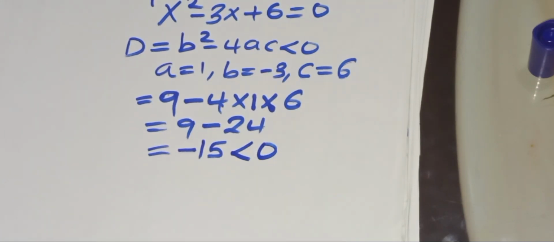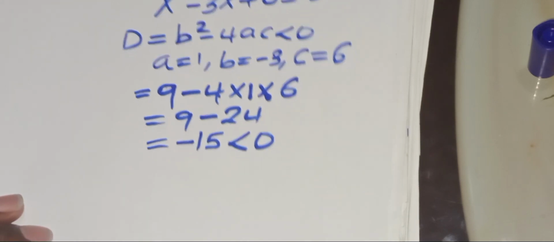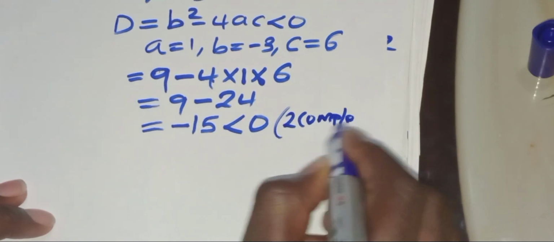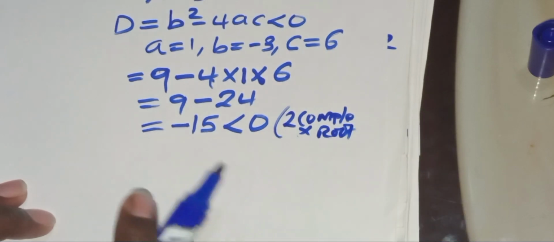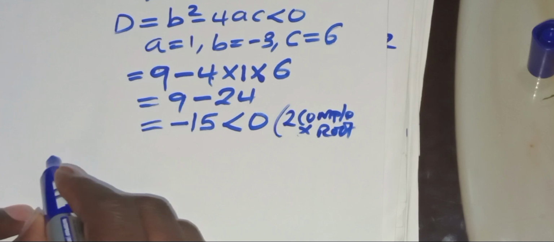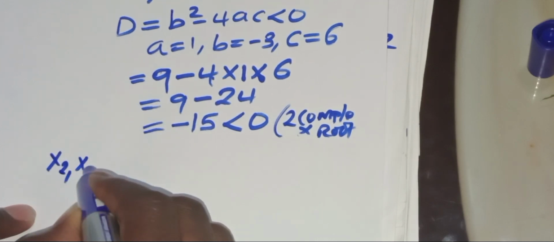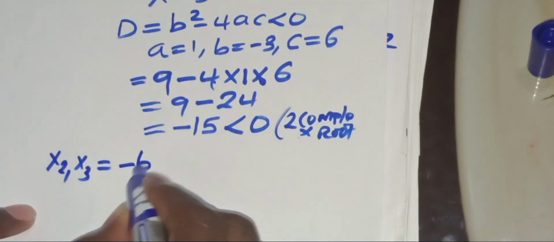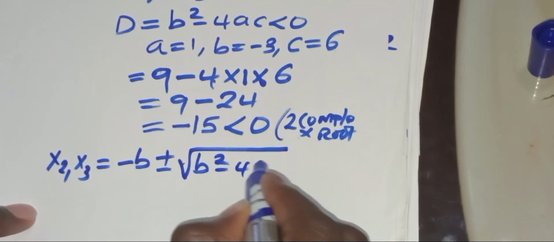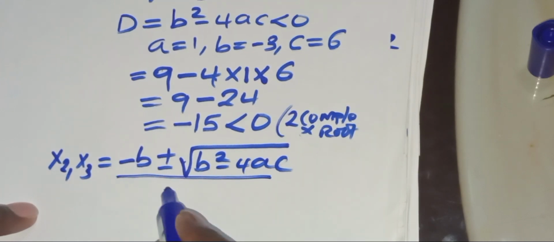So from what we have, it means that we have two complex roots here, which can be calculated by applying the quadratic formula. We can calculate x2, x3 as negative b plus or minus the square root of b squared minus 4ac, divide this by 2a.